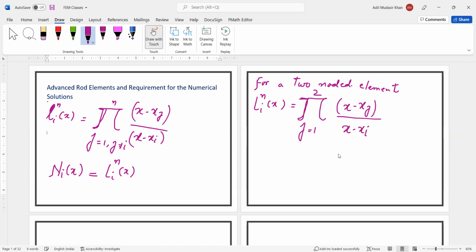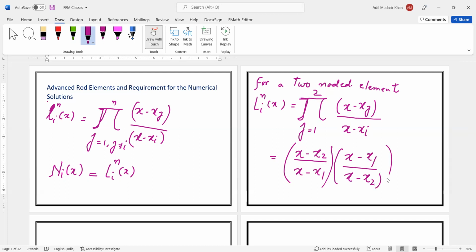Okay, so when i is equal to 1, this will be (x minus x2) divided by (x1 minus x2), and in the same way, (x minus x1) divided by (x2 minus x1).